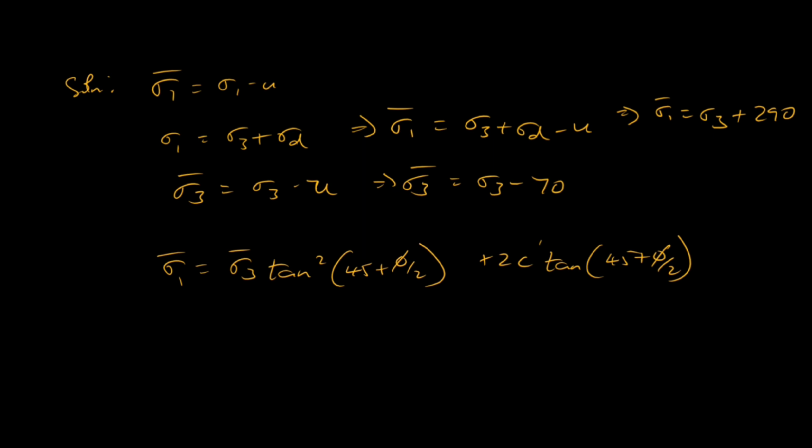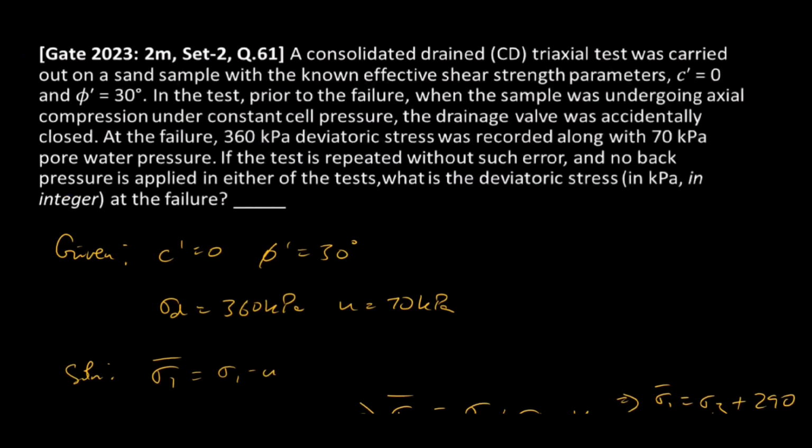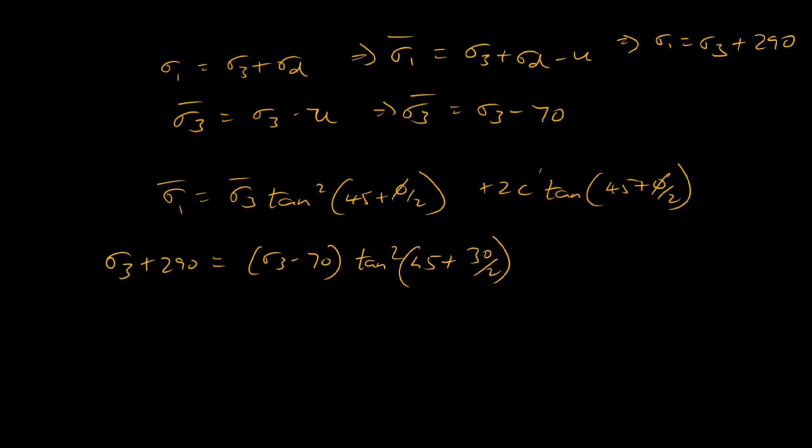So here sigma 1 dash is nothing but sigma 3 plus 290, where sigma 3 dash is nothing but sigma 3 minus 70, times tan square (45 plus 30 by 2), plus 2c. Here they have given this c dash as 0, so this part will become 0. Okay. So with this, we can calculate the value of sigma 3, which is nothing but 250 kilopascal.